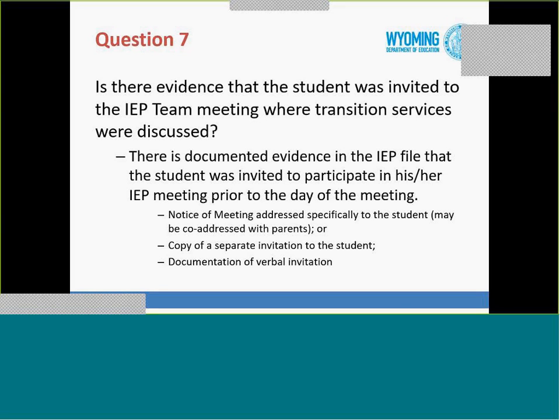A notice of meeting addressed specifically to the student may be co-addressed to the parents, or a copy of a separate invitation to the student, or documentation of a verbal invitation. The student's name must be listed as an attendee on the attendance sheet. So as long as the student has signed the IEP, we'll know that they're there.